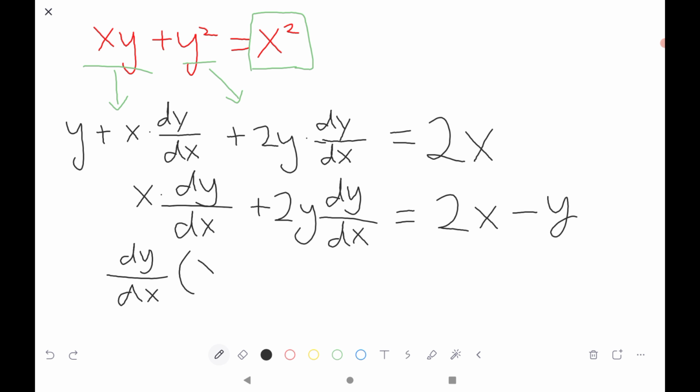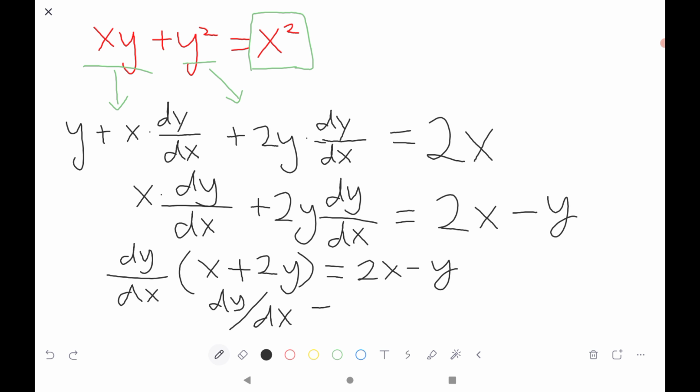So I'm taking out the dy dx, and inside the bracket we have x plus 2y, and the right-hand side remains unchanged. And finally, to isolate dy dx, we just need to divide both sides by this fraction. And we've got our final answer. So dy dx equals 2x minus y divided by x plus 2y.